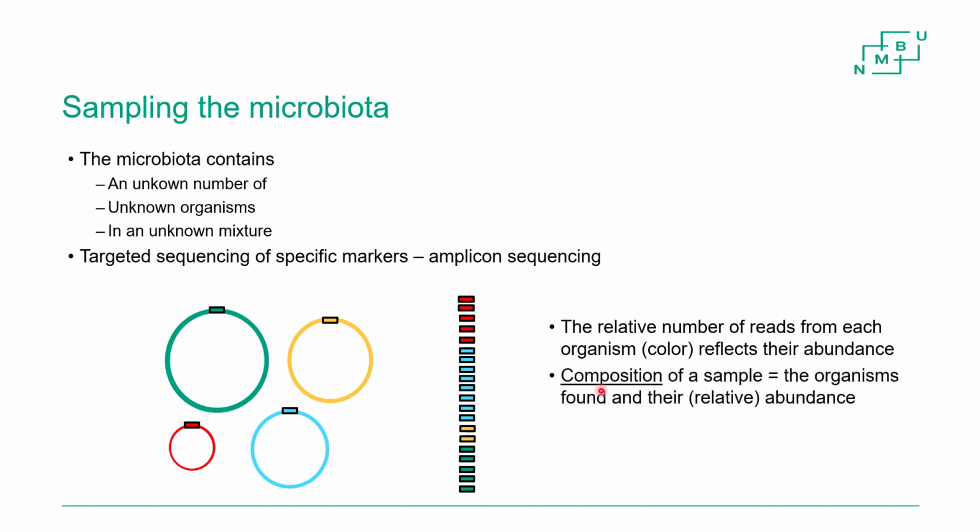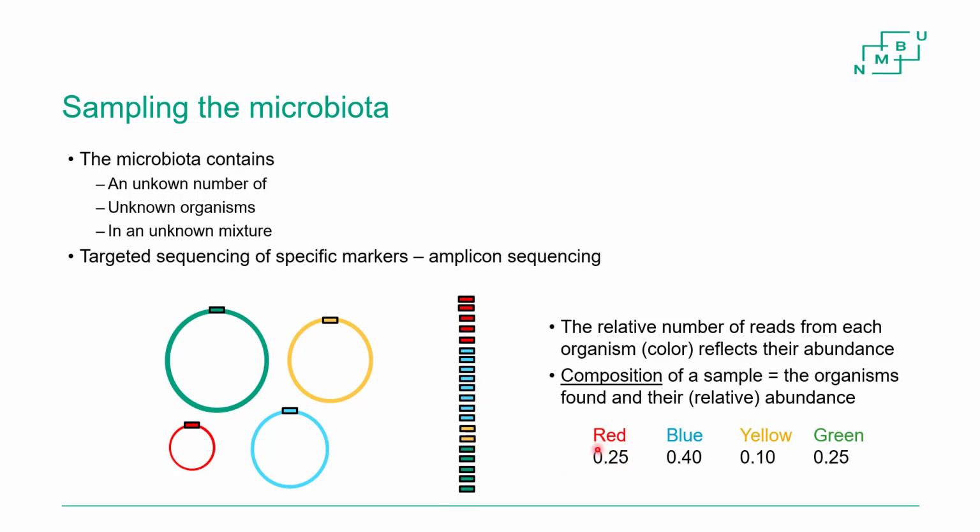So the composition of a sample or a microbial community is the organisms that we find there and the relative abundances. So in this particular case, the composition would look like this. You see that organism red is 25% of the reads, right?